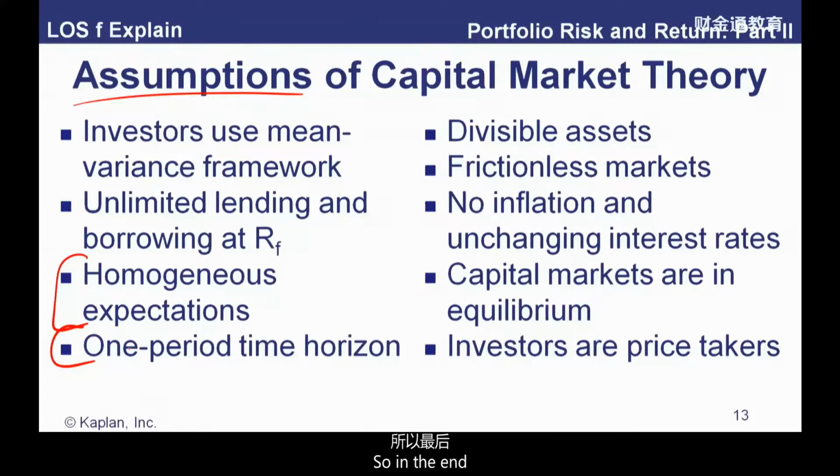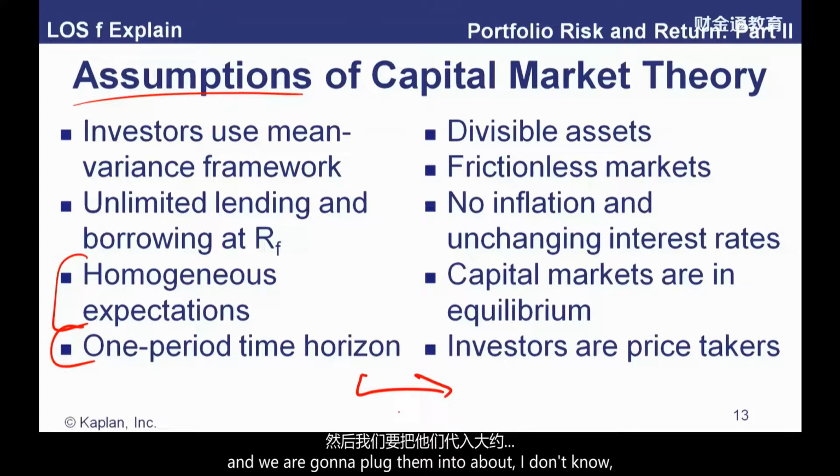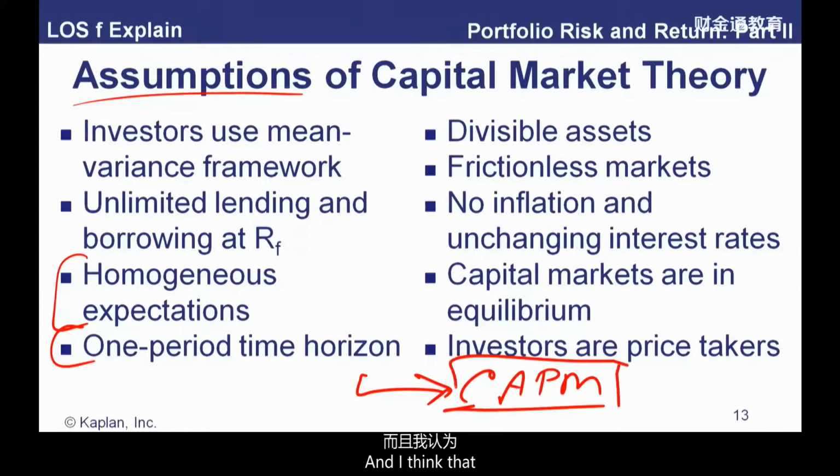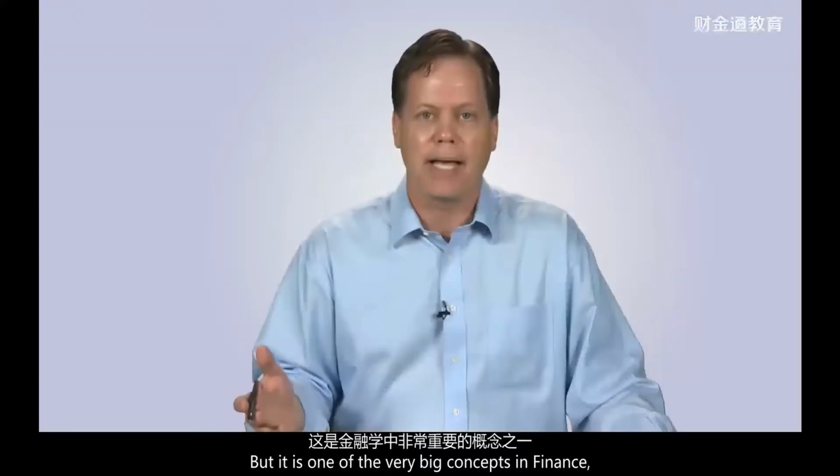In the end, we're going to take all these assumptions and plug them into about, I don't know, 10 slides of calculus and arithmetic to get what we're going to call the capital asset pricing model, the CAPM. I think you've already seen that elsewhere in the curriculum if you're going straight through, but it is one of the really big concepts in finance.